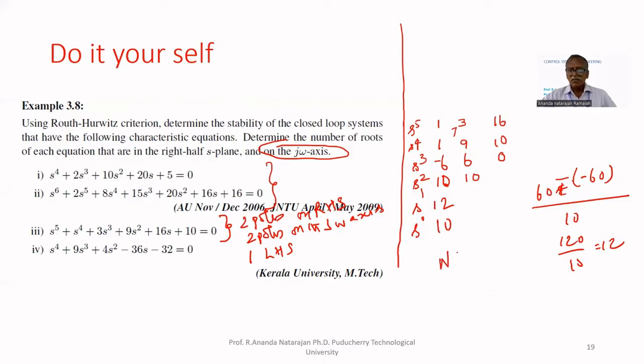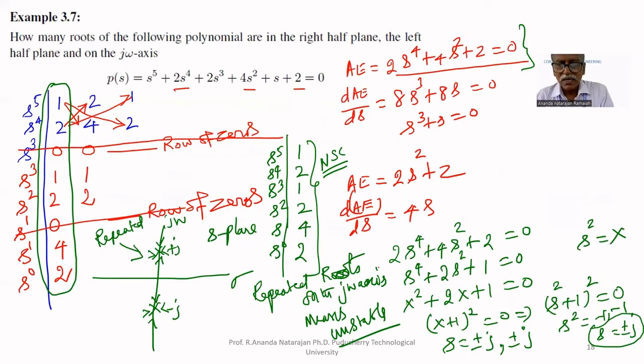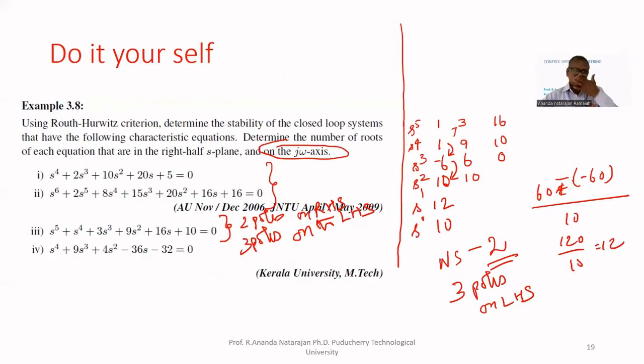The number of sign changes is equal to 2, because here one sign change, another sign change. That's why 2 poles on the right hand side, and the remaining 3 poles on the left hand side. So we got the same in MATLAB also.